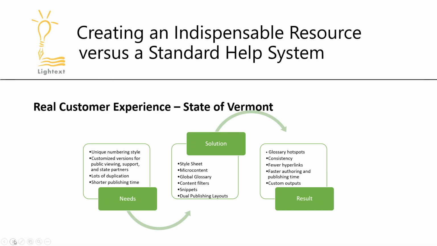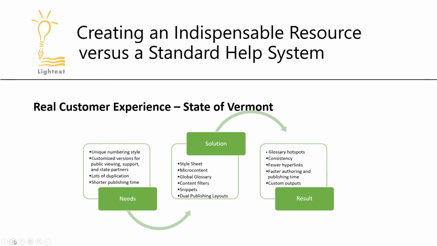They had to have versions customized for public viewing, for their support teams, for their state partners. There was tons of duplication, and they were creating 3 complete different sets for those 3 entities, and not using it as a single source to create different publishing layouts.